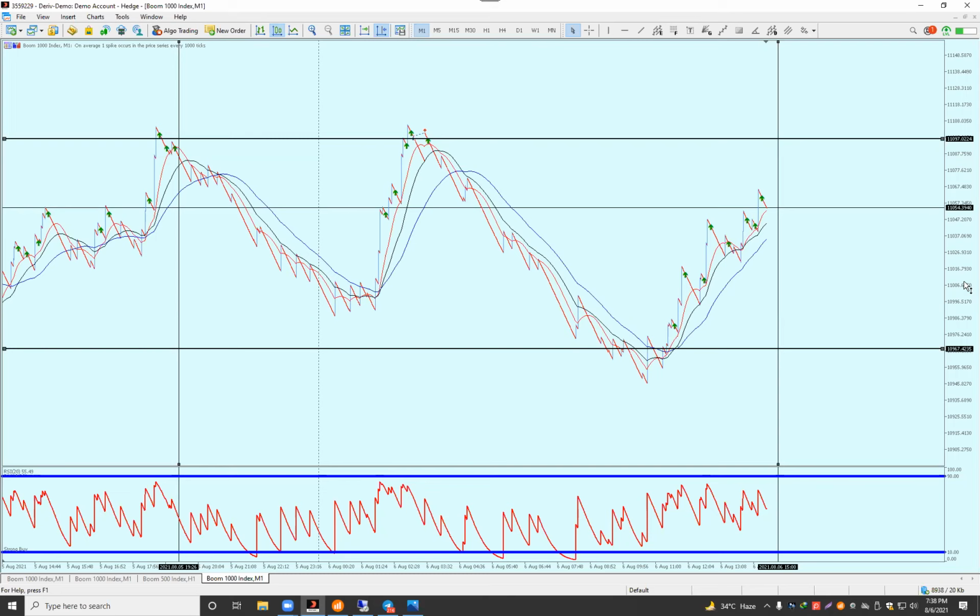Only on the 1 minute, when the RSI 20 reaches the oversold area, there is a chance for the spike, but I am not recommending that when it is oversold, you place an entry and you will get the spike.